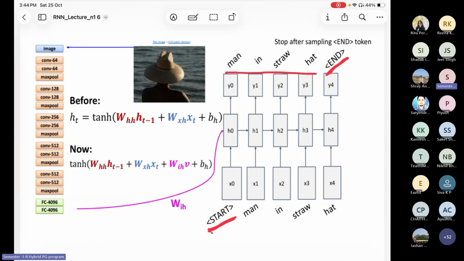We generally go with the word level. So just like this, we'll have the word man as input, and then you predict the next word. With the help of the current word, you predict the next word. Again, with the help of this, we predict the next. In this manner, you'll have a similar approach in the case of text also. So what was your question?